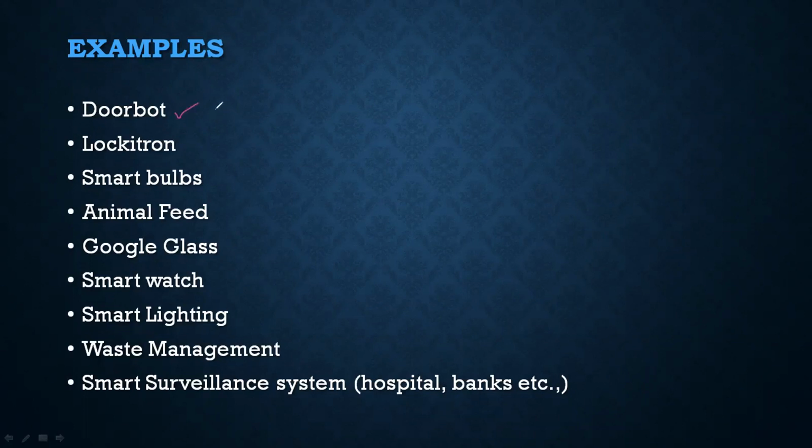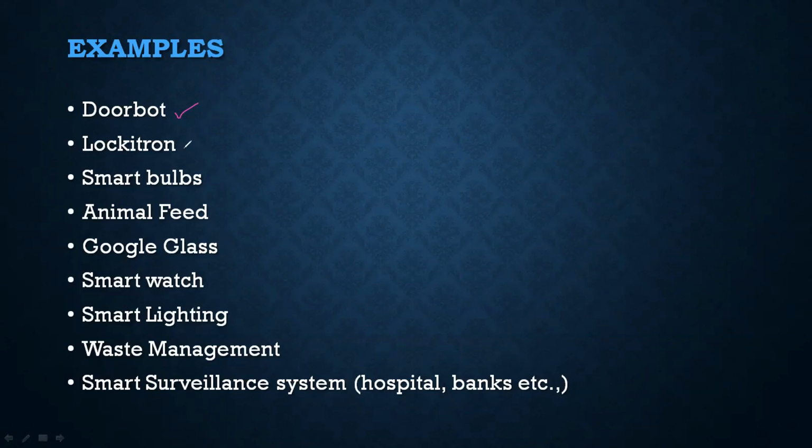By that we can communicate with the outside person from your home only. That means this Doorbot is attached to your door. From that device you communicate with the outsider. If you authorize that person, then you can allow them into your house.